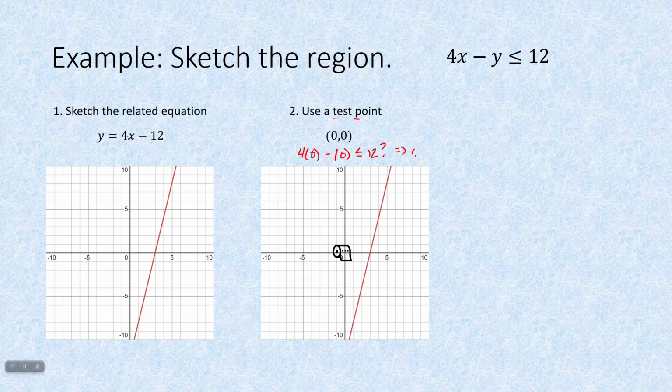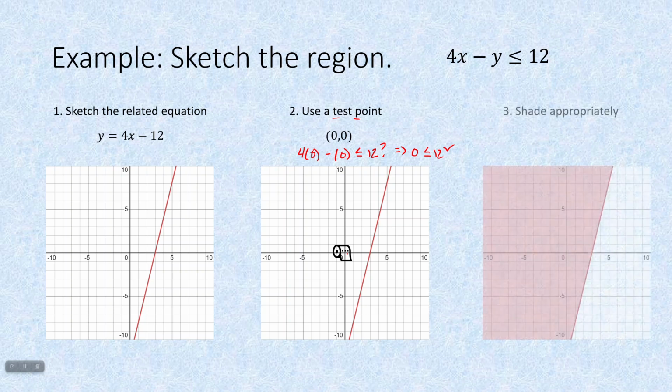Well, yes, 0 is less than or equal to 12. So the test point, the TP right here, is in the right spot, so we'll shade towards that side.